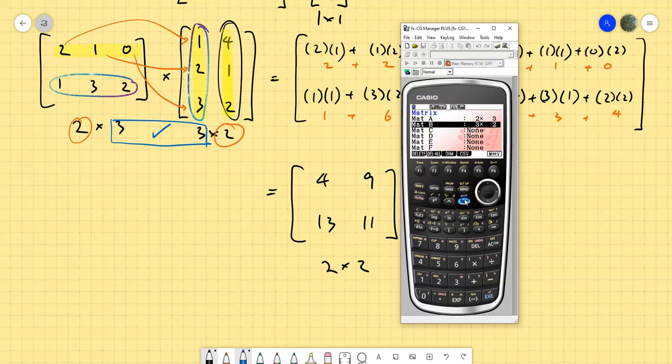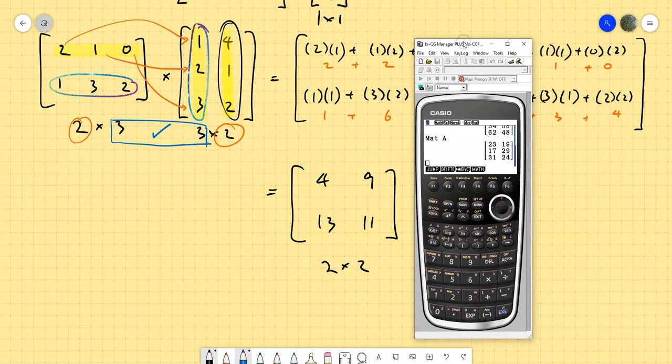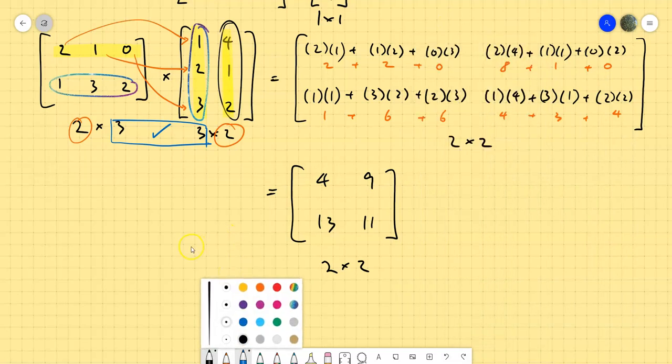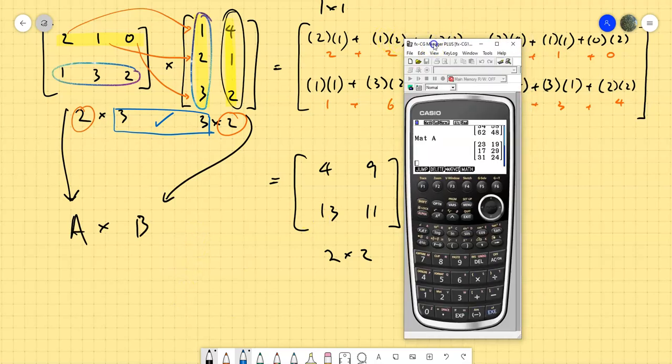Alright, and I have basically A times B, because that's what I've written here. So if I write this out, this is really matrix A times matrix B. Now on the graphics calculator, let's show you, pop this back out.